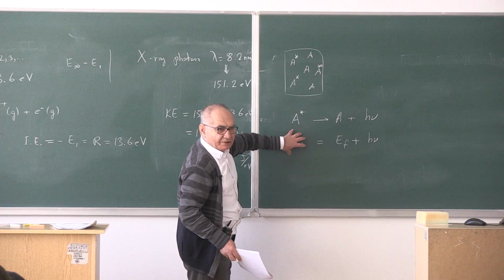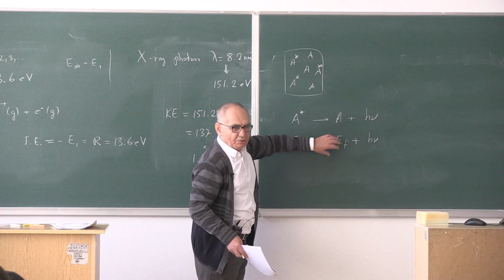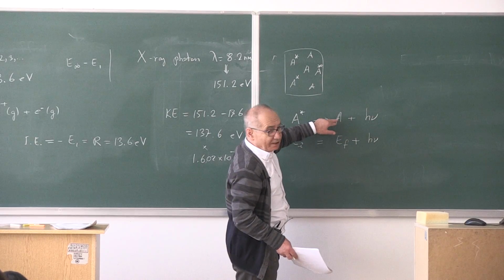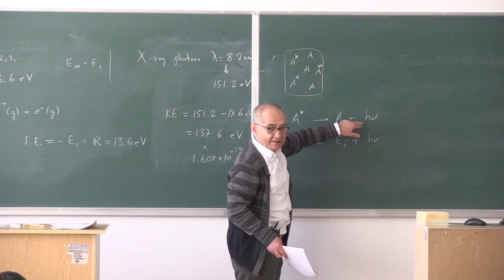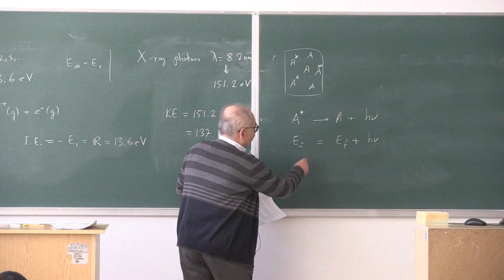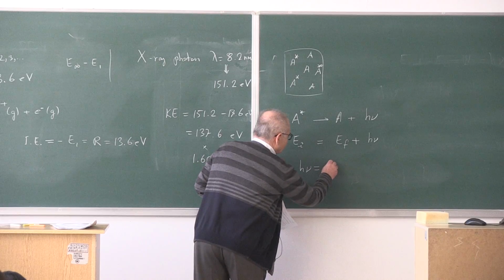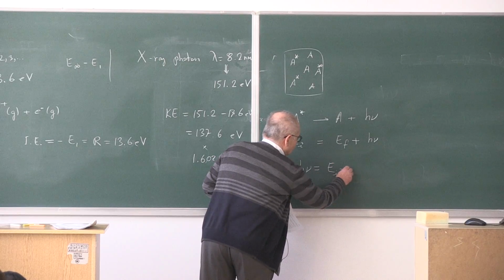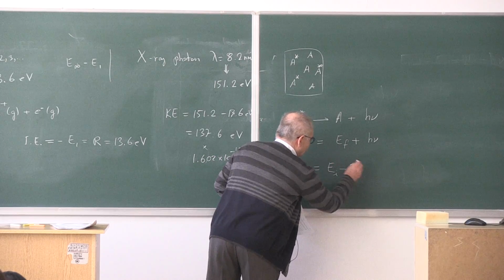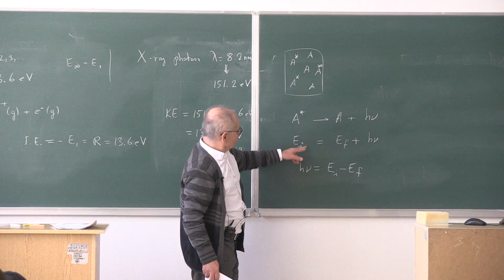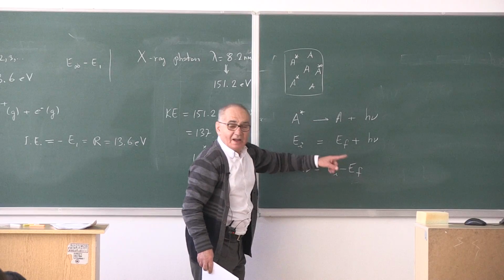Total initial energy must be equal to total final energy of the system. Not just A, but there is also a photon here. So this means that the photon energy must be equal to initial energy minus final energy.